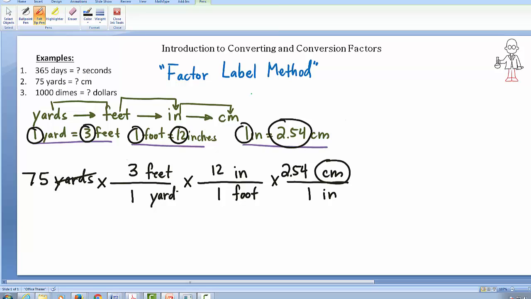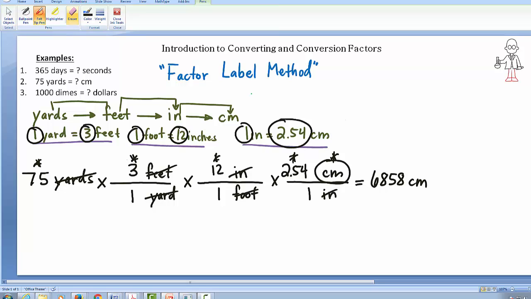Notice that yards cancel here, foot or feet cancels here, and the unit of inch cancels there. So when I multiply 75 times 3 times 12 times 2.54, I have some number in centimeters. And that winds up being 6,858 centimeters.